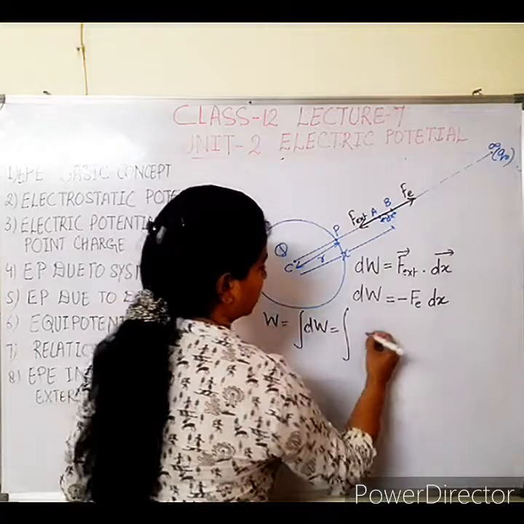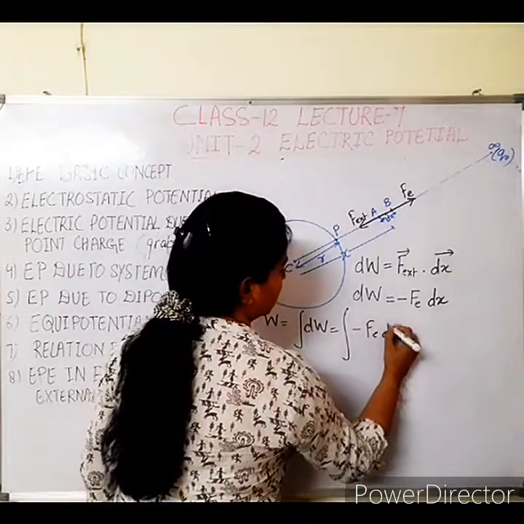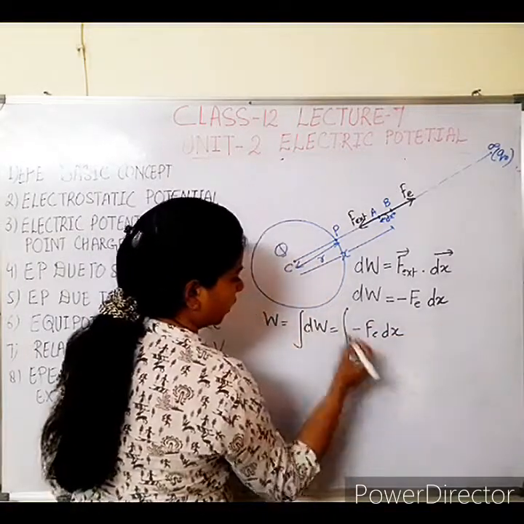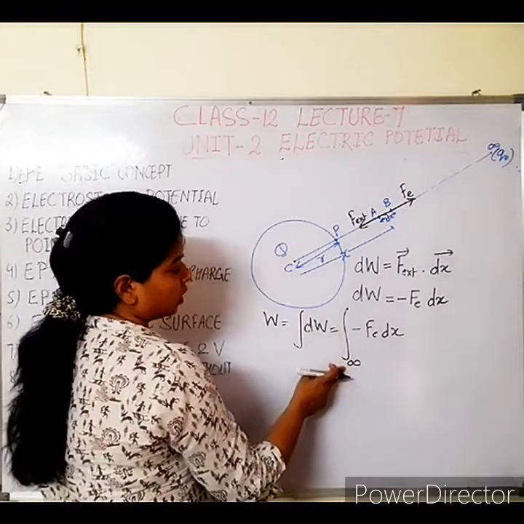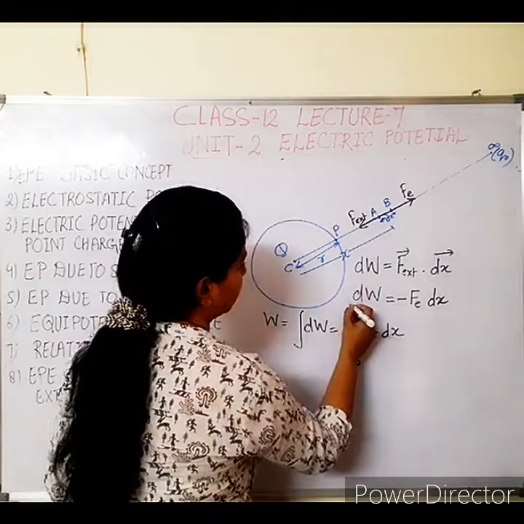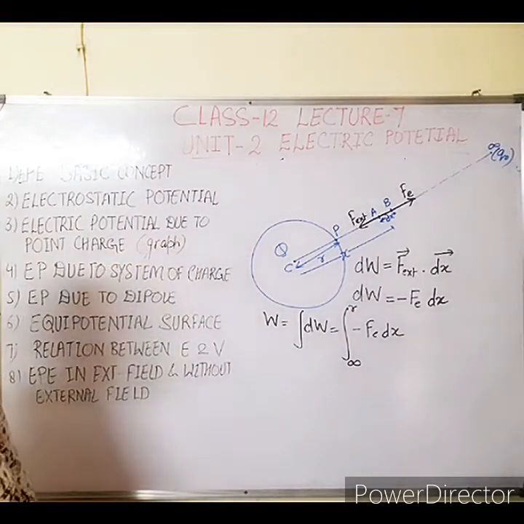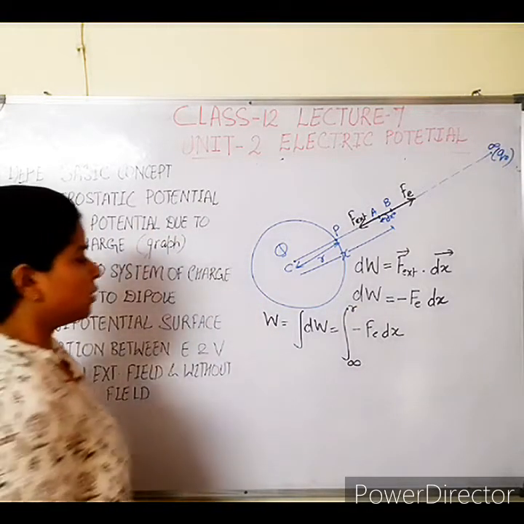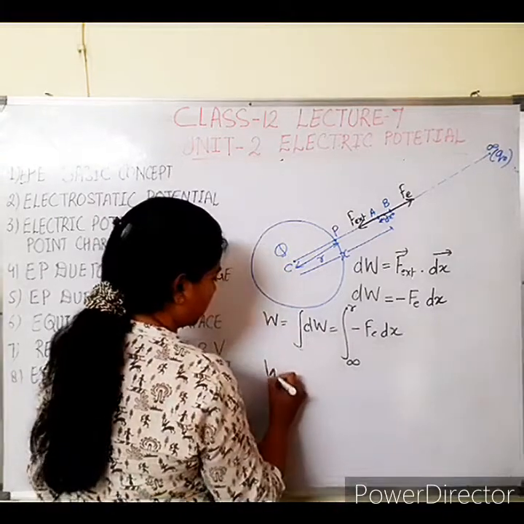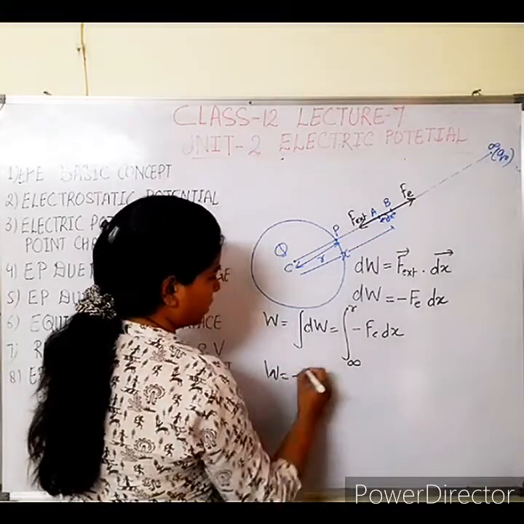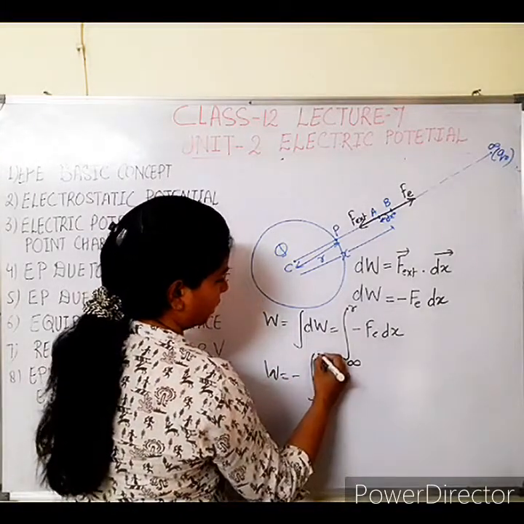That is the integration of minus Fe dx, and the limit is what? We are bringing this test charge from infinity to point P. So point P is at r distance from the center and the infinity point is at infinity distance from the center. So W is equal to minus, and you can take the limits infinity and r.